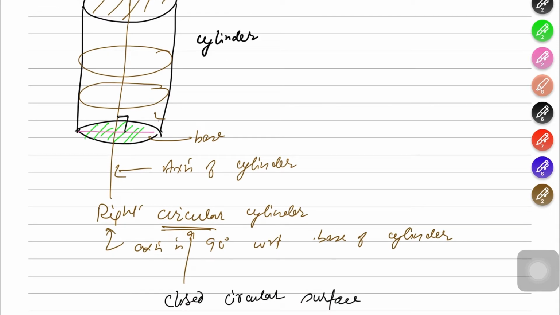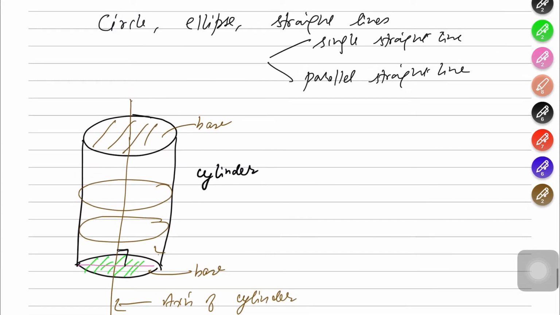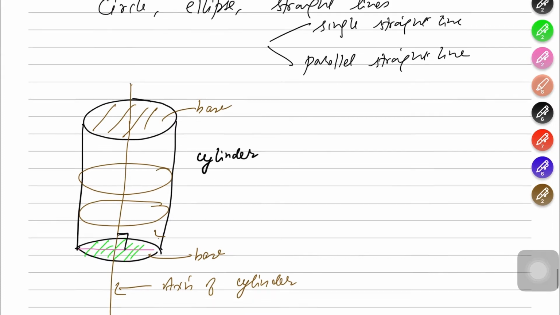We'll see that the right circular cylinder, if it is cut by a plane, will give a circle, ellipse, and straight lines. Let's look at them one by one.